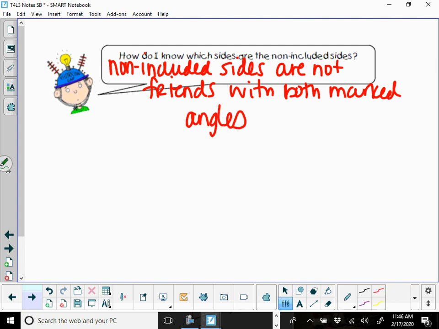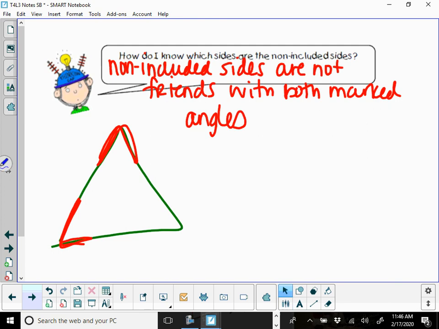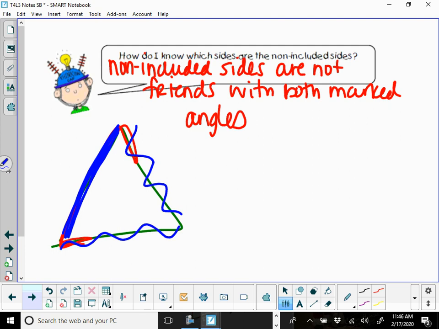So that means this side is friends with this angle and this angle, so it is friends with both of those. This side is not and this side is not. It is only friends with one or the other, okay?